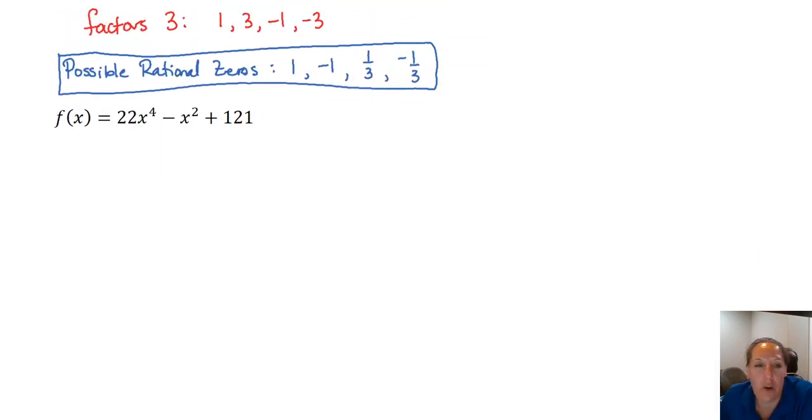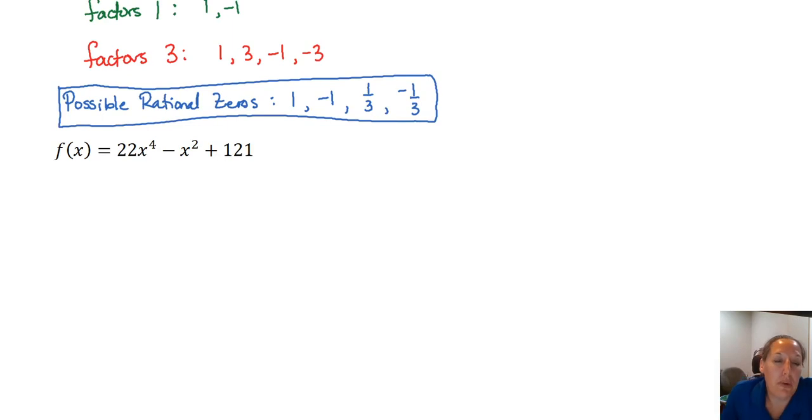All right, so let's do another one of those. Our numbers are a little bit bigger, so we'll get a few more combinations. We're still going to look only at our constant and only at that leading coefficient. Our polynomial here is f of x equals 22x to the fourth minus x squared plus 121.